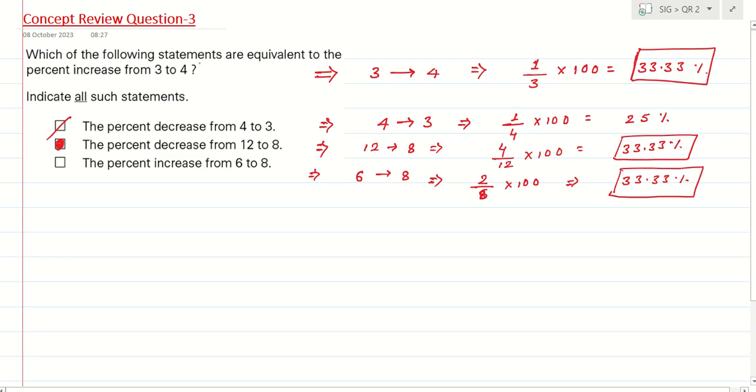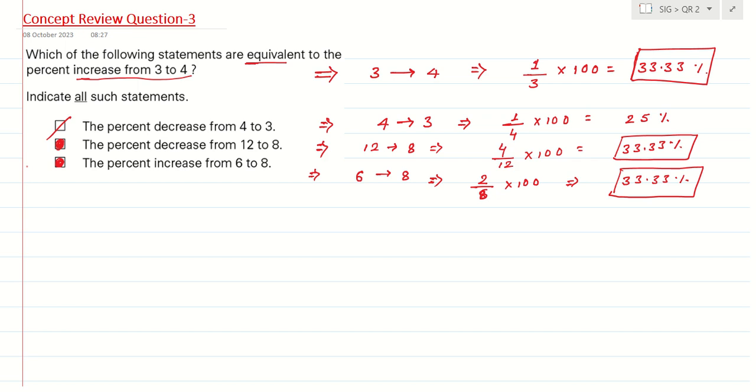But there is one question here for you. The question says statements equivalent to the percentage increase from 3 to 4. So shall I take both options B and C, or only C? B and C. What about Manasve? Should we take both or only one?